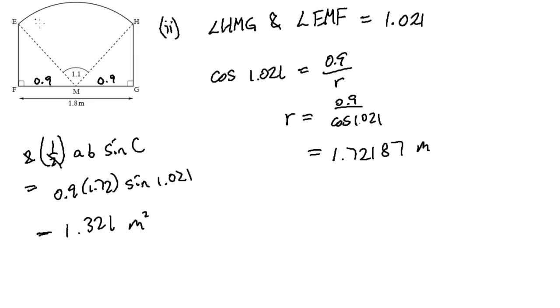And now we need to find the sector area. So sector area is just pi r squared multiplied by the angle. And if you're not familiar with radians, one full circle is 2 pi, and the denominator of this fraction will be the middle radian, so 1.1.